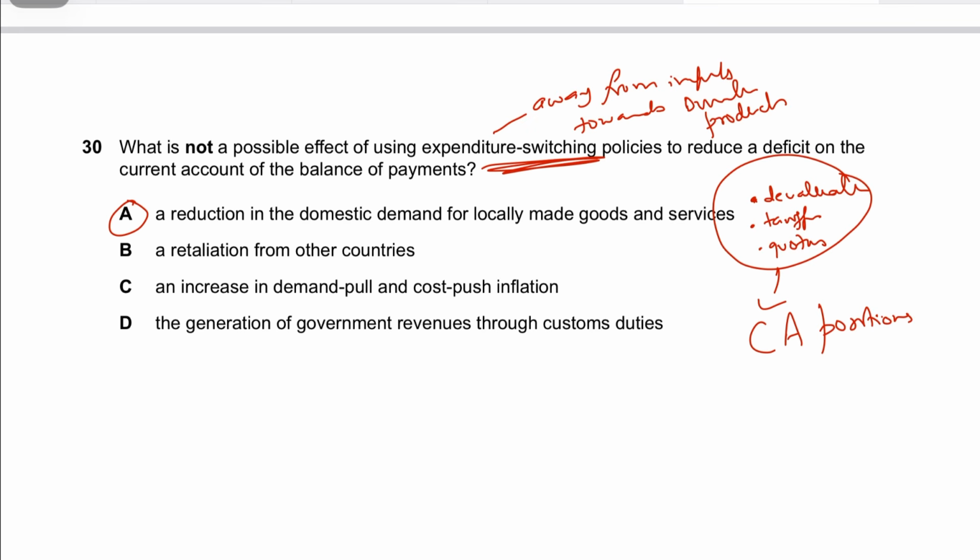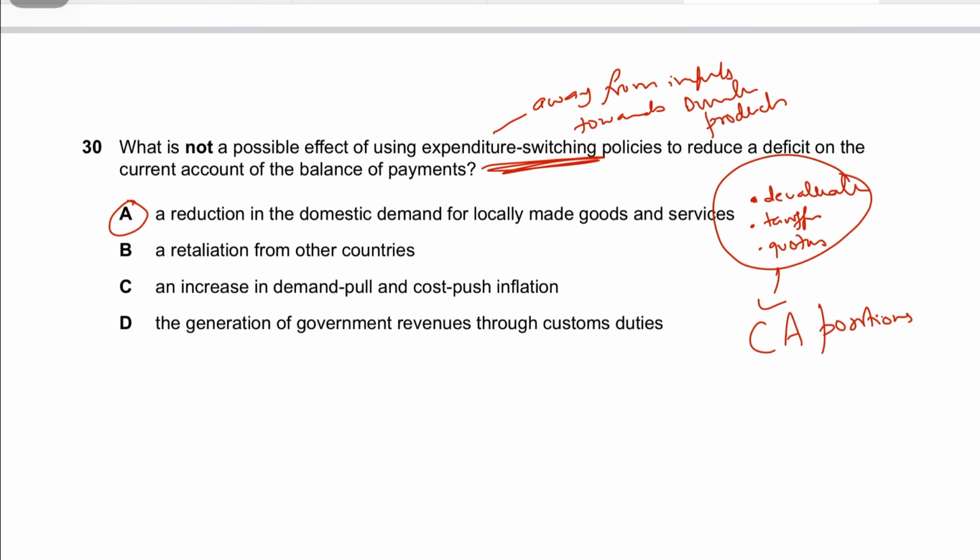Inflation, expenditure switching policy can create demand-pull inflation because of higher AD, as consumption switches to domestic goods. Sometimes inflation could also happen because of cost push inflation, especially if the PED for imports is inelastic. Although it makes imports expensive, if demand is inelastic, cost push inflation could occur as well. This is something that you should know. Inflation could occur from both ends.